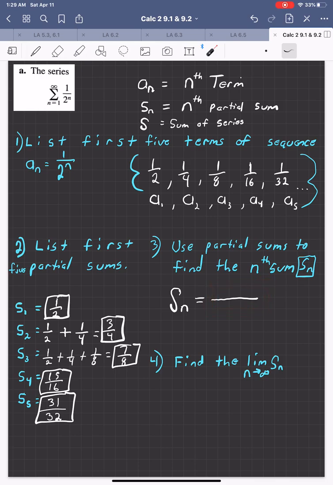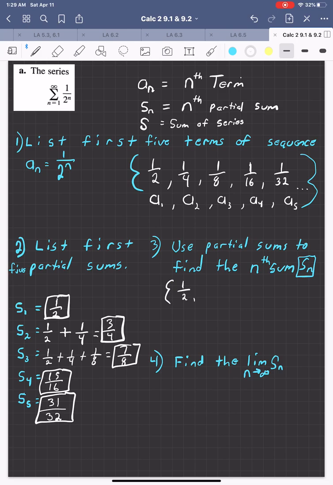It's not given to you. You have to use the partial sums to get there. So what I'm going to do is list out the first 5 partial sums so that you can see them side by side.